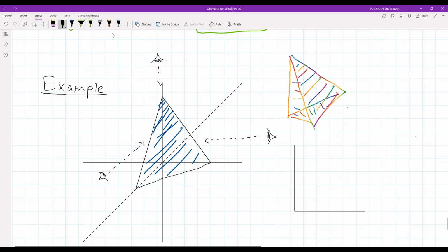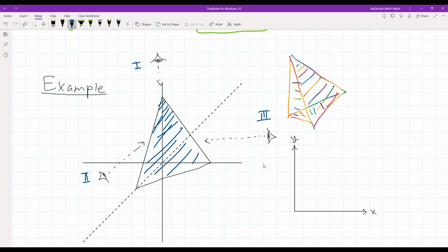So let's try to look at the XY plane, the plane view. So this is Y, this is X. If you look on this direction, let's say this is direction number 1 for type 1, and then this is direction number 2 for type 2, and this is the direction for type 3.